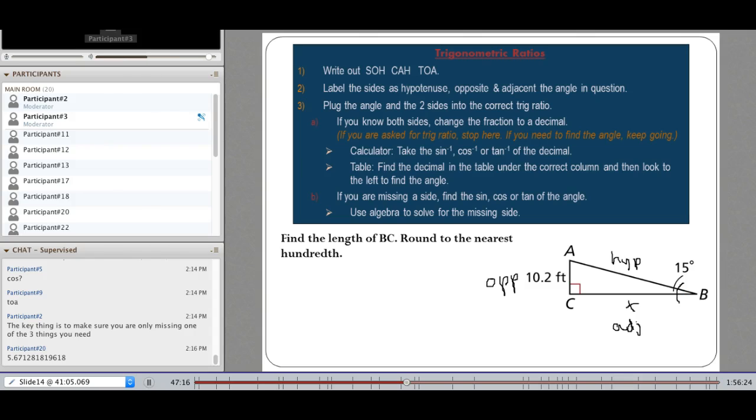I'm going to do this one so that we can keep going, because we still have a lot to go over. Tangent of 15 degrees equals the opposite over the adjacent, so 10.2 over x. Then we find the tangent of 15, which is approximately 0.27.